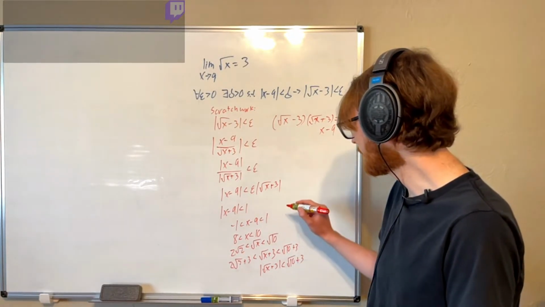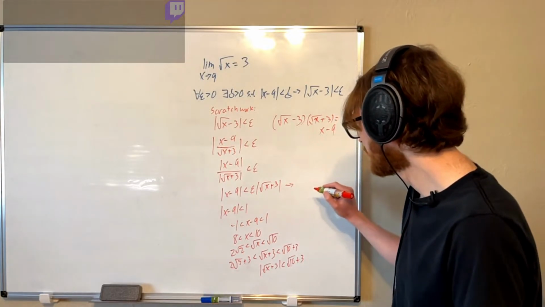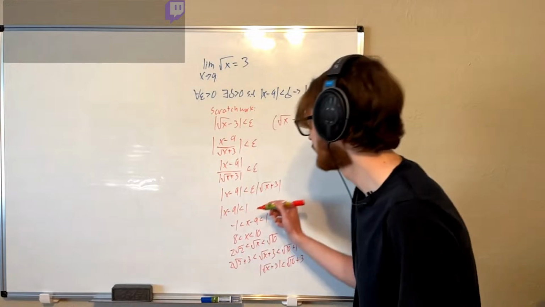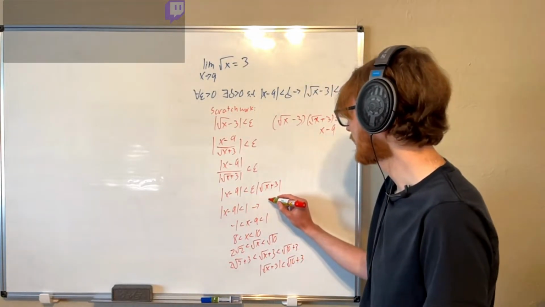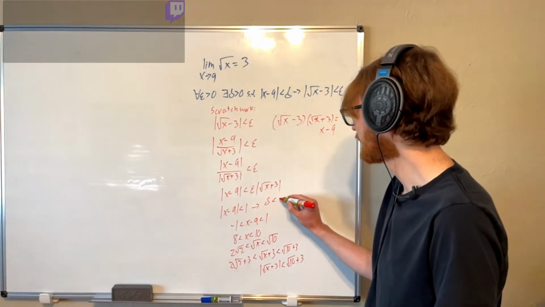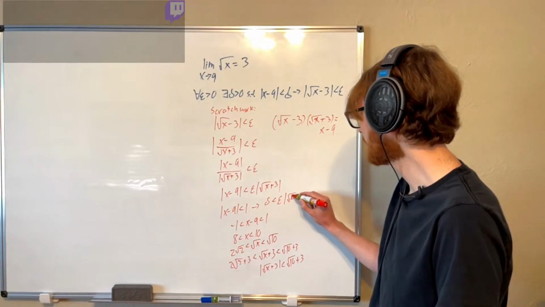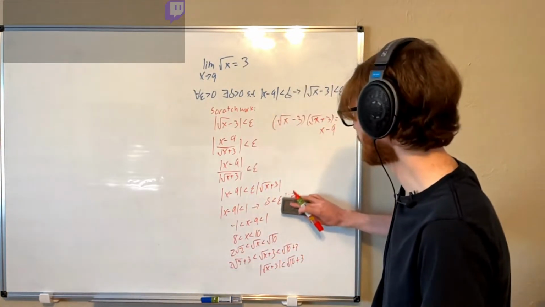And so we could say that delta is less than epsilon times root 10 plus 3. Oops. I mean, the absolute value doesn't hurt, but it doesn't help.